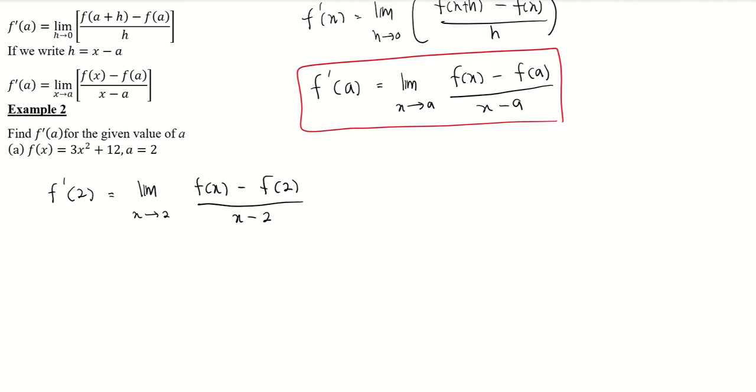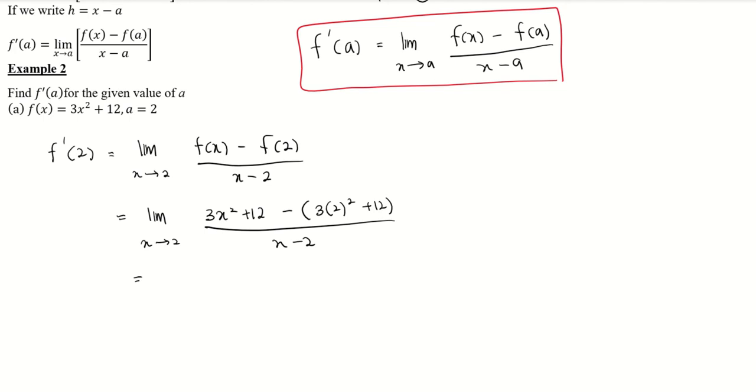And then we're going to substitute that. So f(x) is, the limit of x approaches 2 of 3x squared plus 12 minus f(2), where we substitute x with 2, so 3 times 2 squared plus 12, over x minus 2.